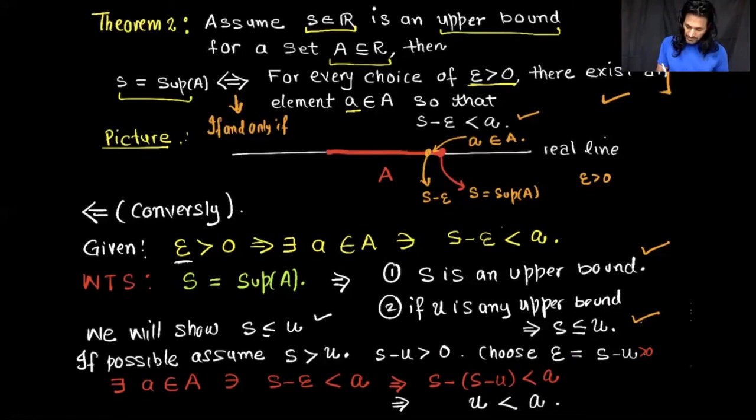But this is a contradiction to the definition of an upper bound, because we assume that U is an upper bound.